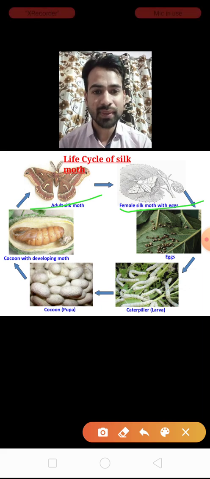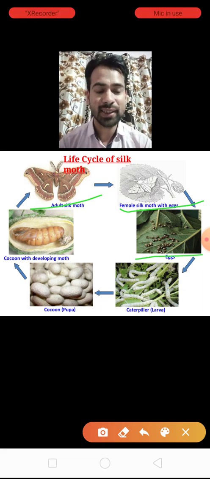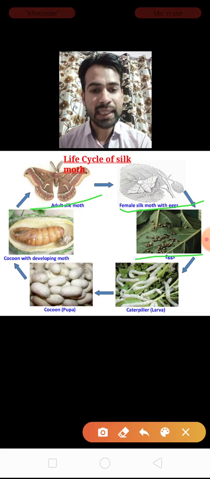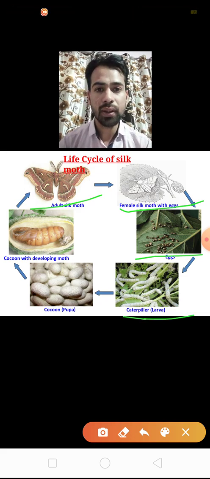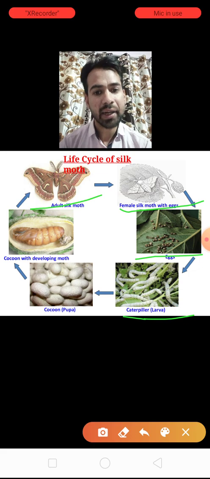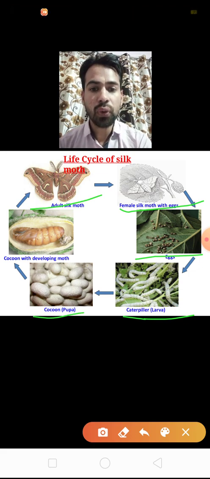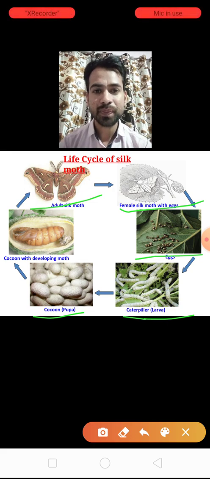mulberry leaves. Now you can see here the next stage, these are the eggs of the silk moth. Then these eggs develop into the larva, that is the caterpillar. The caterpillar turns into the cocoon or pupa.